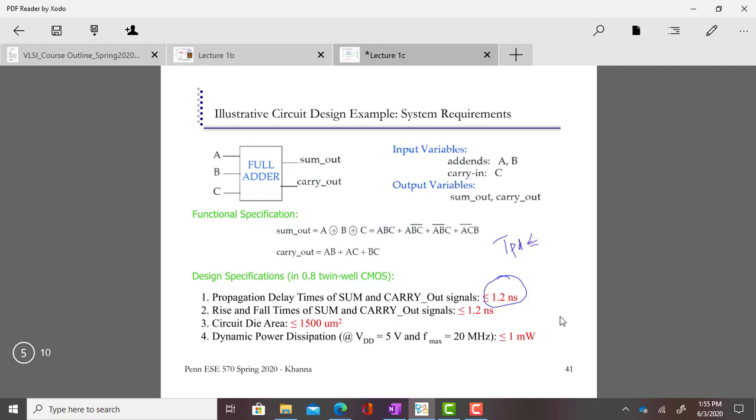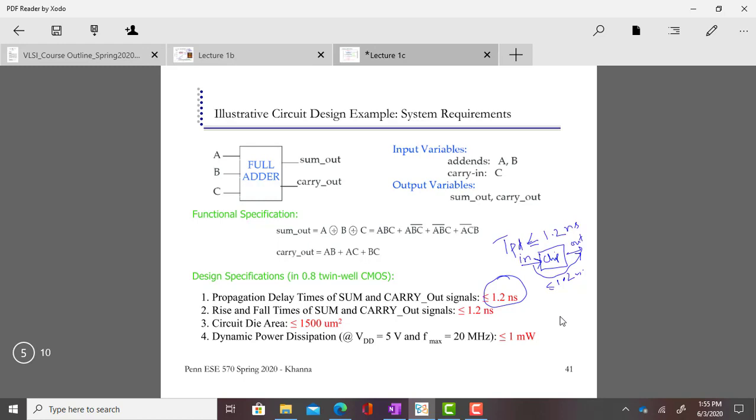So TPD is less than 1.2 nanoseconds. What this means is, if this is your chip and you apply an input and this is your output, then the total delay from here to here should be 1.2 or less. This is the propagation delay.